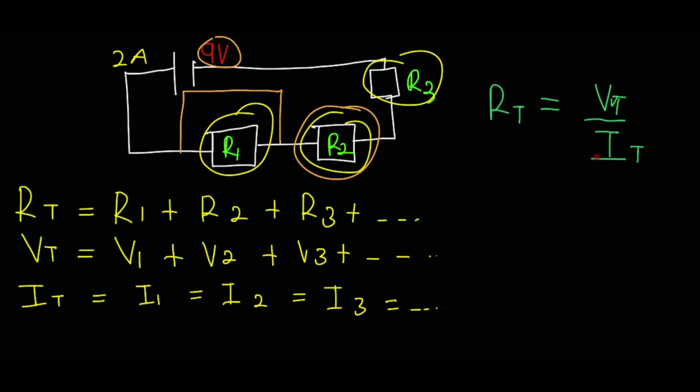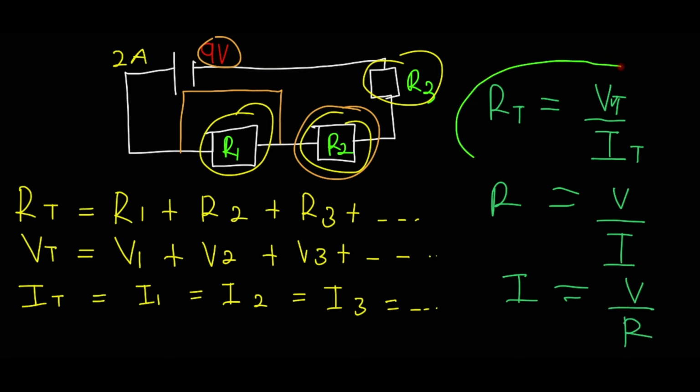And then from this formula R is equal to V over I, you can make V the subject of the formula to calculate voltage, and again you can make I the subject of the formula to calculate the current. This means when you want to calculate voltage, V is equal to IR, and I is equal to V over R. So this formula is very important. You can calculate everything. You can find R, you can find V, you can find I.